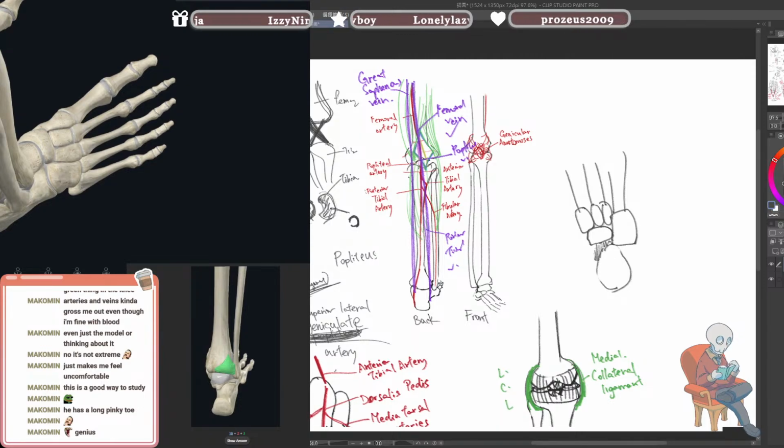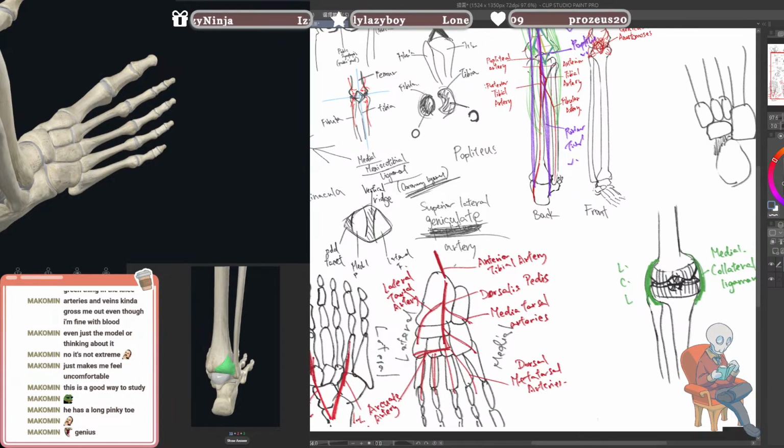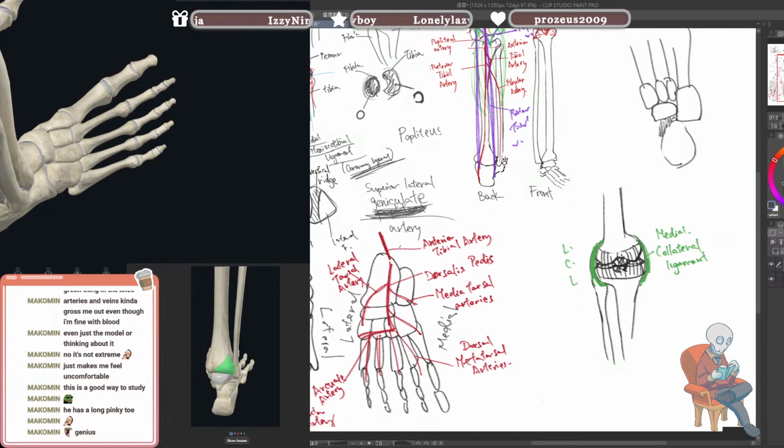Now, I remember last week when the professor talked to us about the ligaments of the feet. There is a good way to remember it. It's basically to not remember the short names and remember the long names, because the long names are made up of words of where the ligament is attached to.